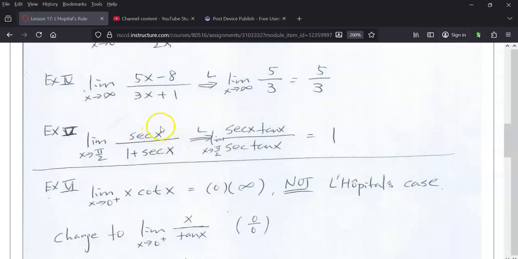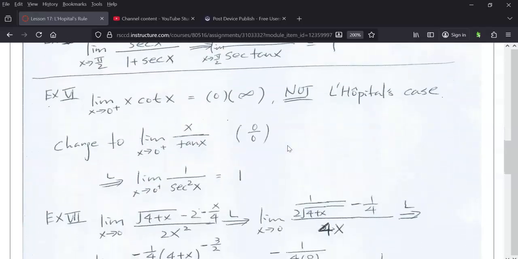If it's 0 over 0 or infinity over infinity, then we need to take the derivative of secant, so that's secant tangent, and the derivative of 1 plus secant x equals secant tangent. Now notice secant tangent over secant tangent simply equals 1. So before, if you just did a direct plugging in, you wouldn't be able to find the limit. But using L'Hopital, you can simplify this into 1.